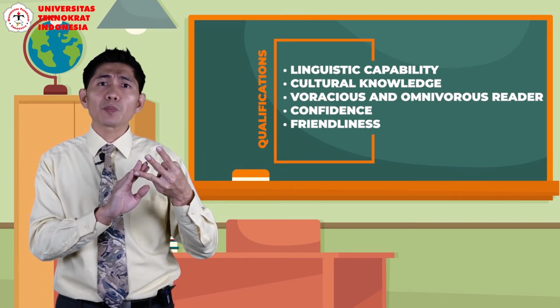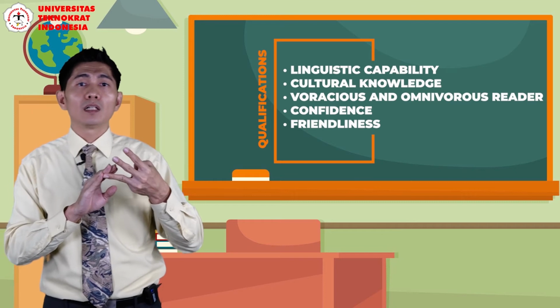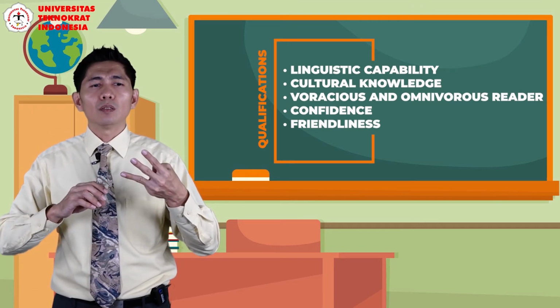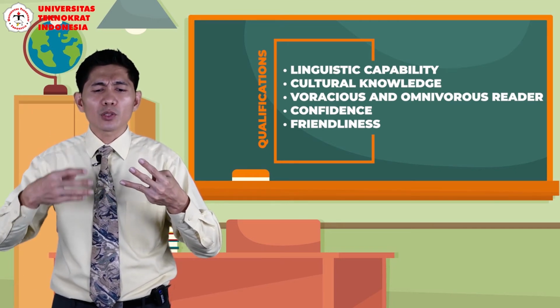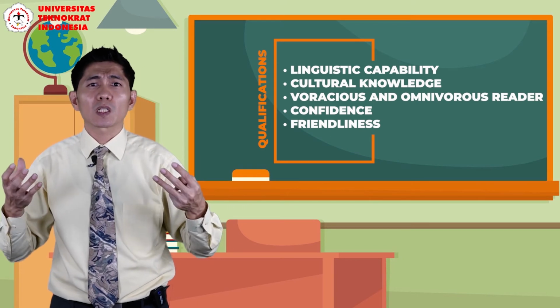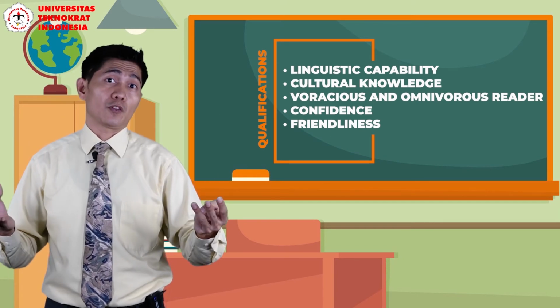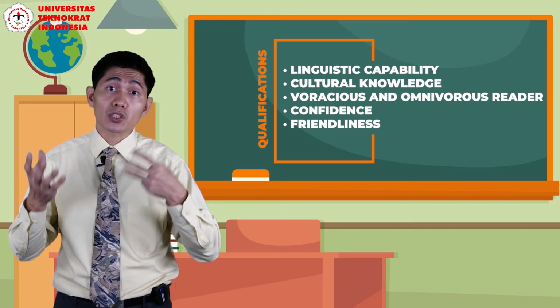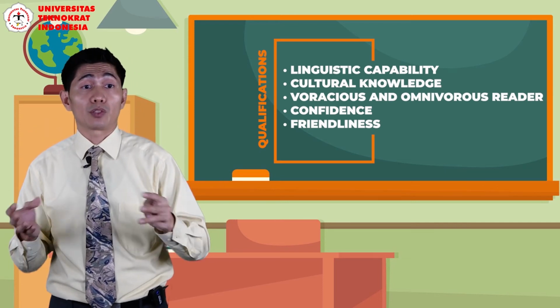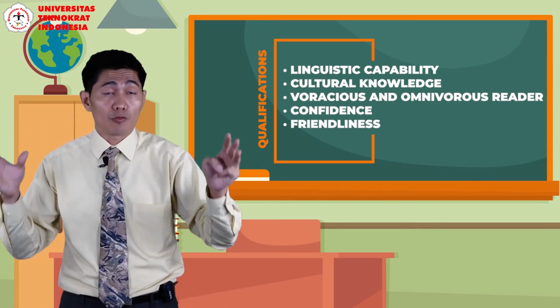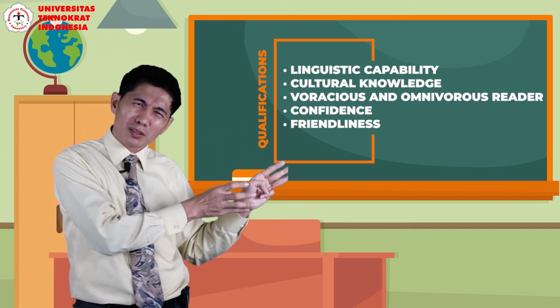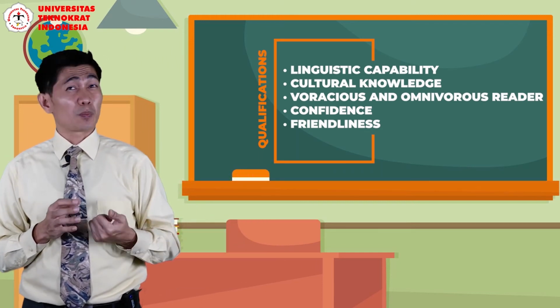And then public speaking skill. We have to be able to speak in front of people with confidence, for example, and with gestures and eye contact and so on, because we'll be watched by people, especially when we're not in a booth when interpreting for people.